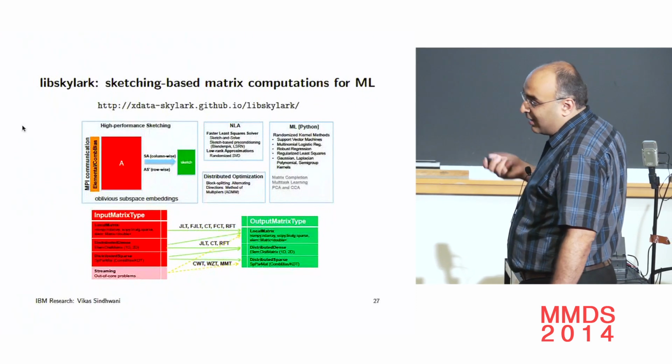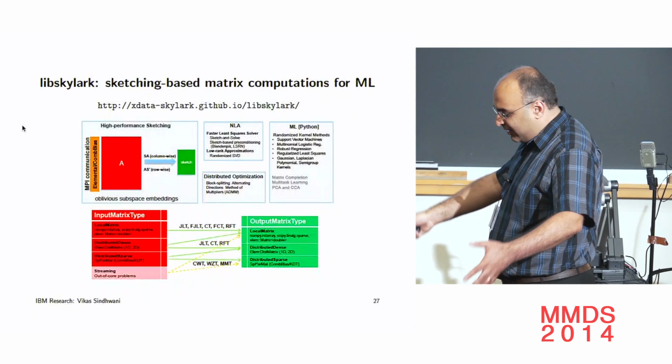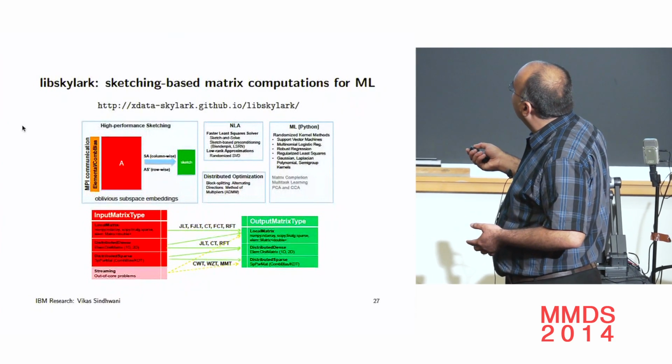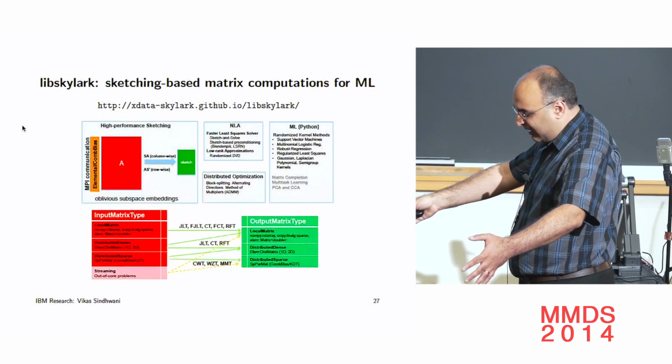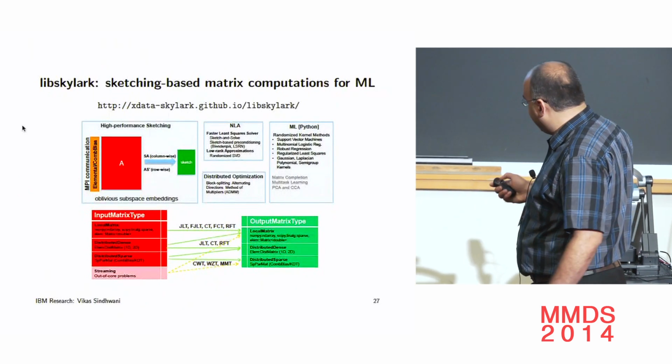Or you want to reduce communication by sketching from a distributed cluster onto a single node and then doing operations there. Or you want to avoid disk I/O issues by taking the matrix on disk and getting it into your distributed cluster, so you avoid hitting the disk every time.